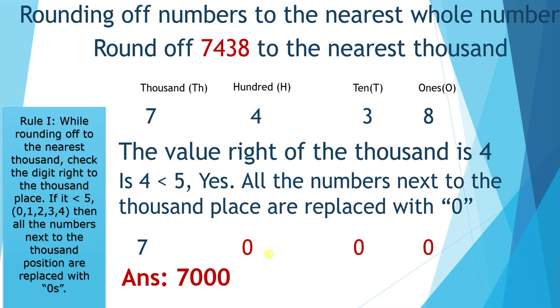It is 4. Well done. 4 is the answer. So the value right of the 1,000 position is 4, and 4 is less than 5. Yes. So all the numbers next to the 1,000 place are replaced with zeros. So we have our 7. The number next is 4, which is less than 5. So we replace all the numbers: the 4 with 0, the 3 with 0, and then the 8 with 0. So we have 7,000 as our answer.